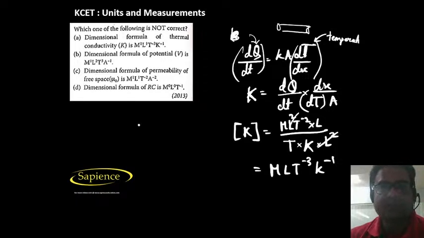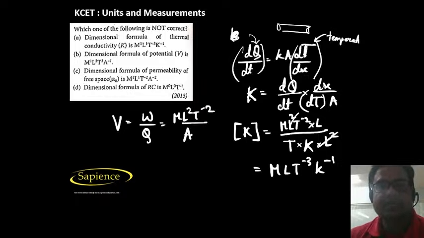Then the dimensional formula of potential V. V is the work done per unit charge. So that will be ML squared T power minus 2 divided by the charge, which is A into T, since charge is current into time.